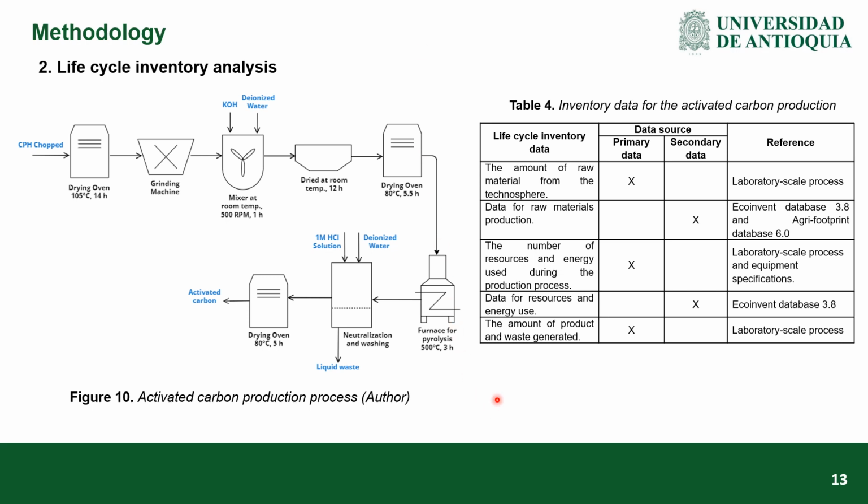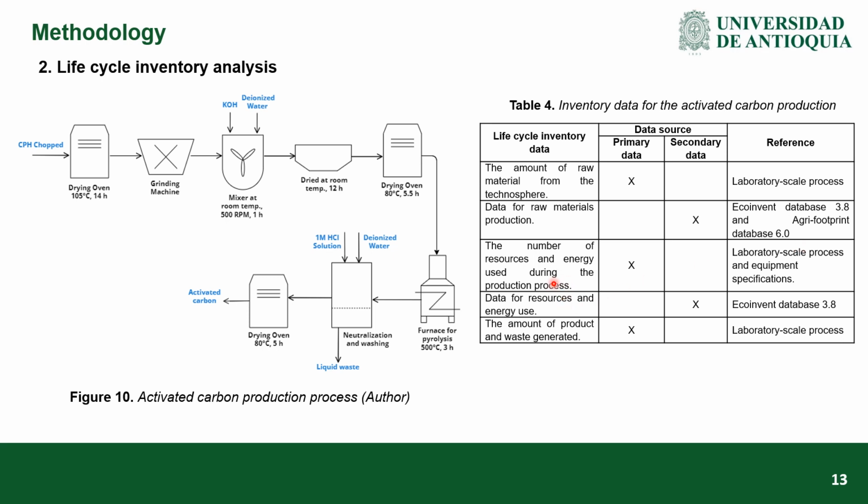For the carbon production process, the amount of raw material, corresponding to the potassium hydroxide, deionized water, hydrochloric acid, and the CPH, were primary data taken from the laboratory scale process. The data for these raw materials were secondary data taken from the database.